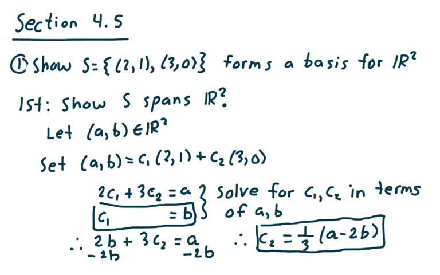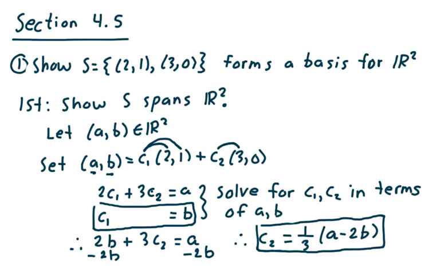So what that tells me is that 2c1 plus 3c2 equals a. And then c1 times 1, basically, plus 0c2 equals b. So from here, we want to solve for c1 and c2 in terms of a and b.